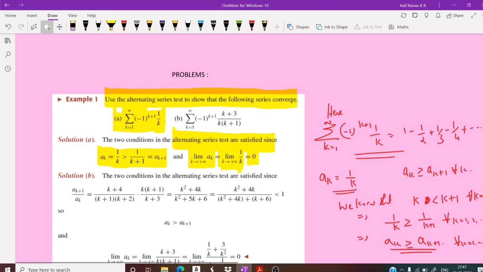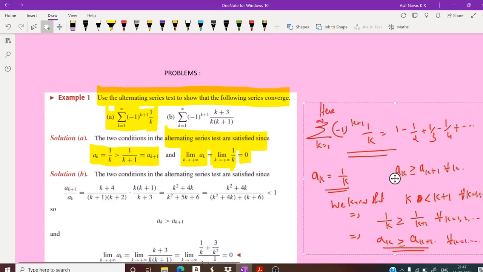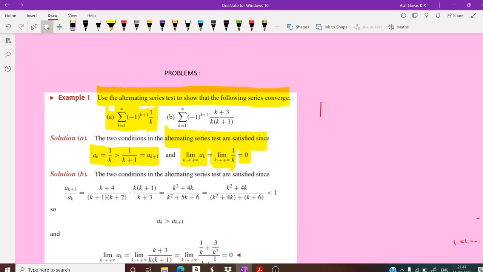Now we will do the second problem. We have to check whether the sum from k equals 1 to infinity of (-1)^(k+1) (k+3)/(k(k+1)) is convergent.